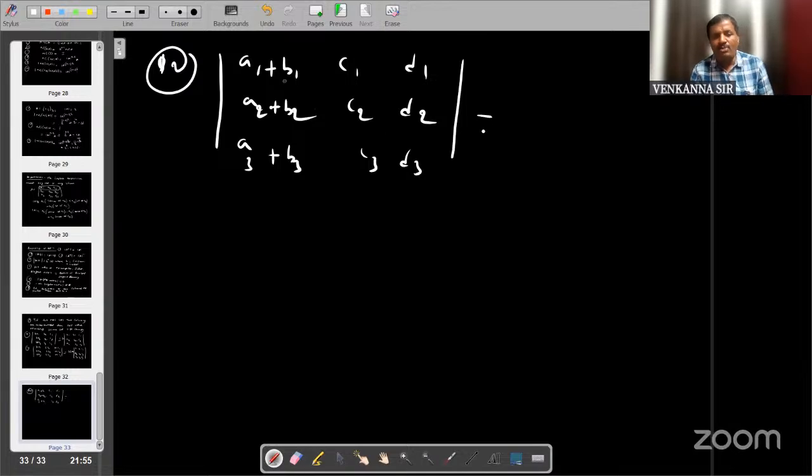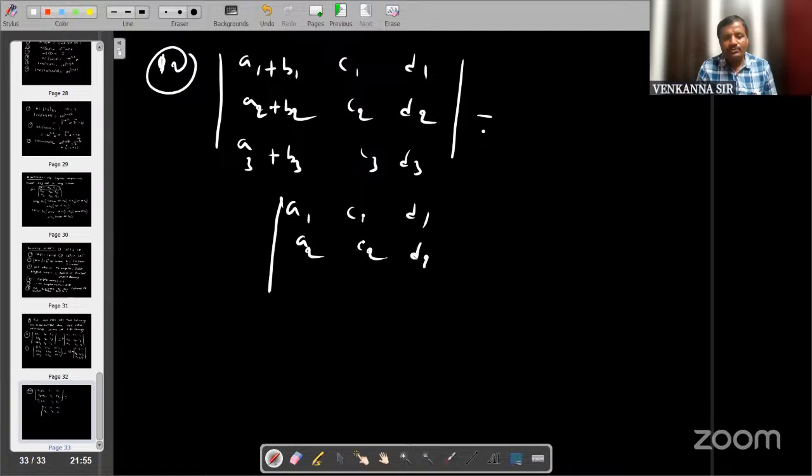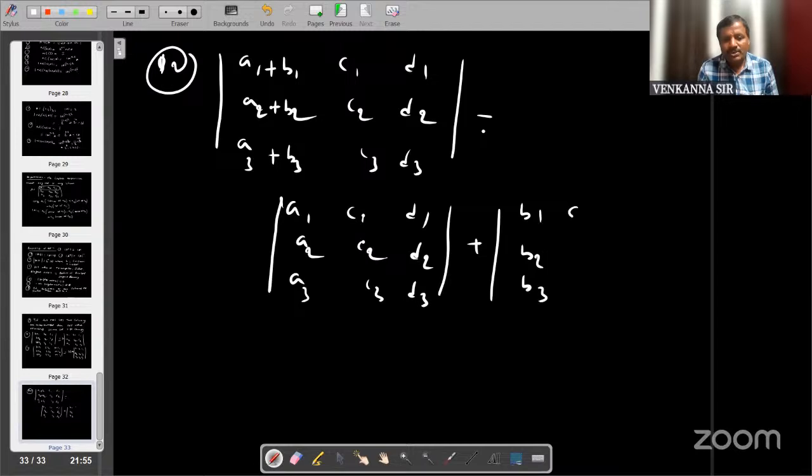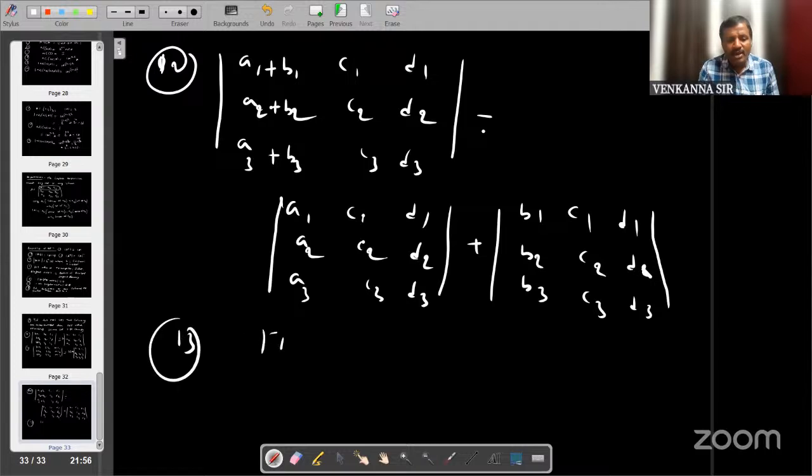If any row or column is the sum of two elements, that can be expressed as the sum of two determinants: A1 C1 D1, A2 C2 D2, A3 C3 D3, plus B1 B2 B3, C1 C2 C3, D1 D2 D3. And if I ask you the determinant of a unit matrix, it is 1. So these are the 13 properties of the determinant.